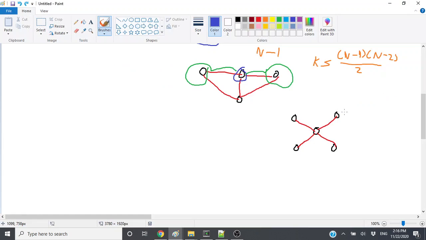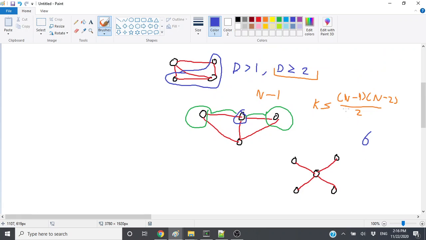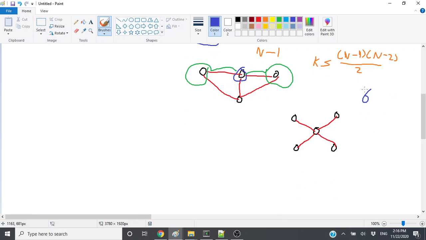Right now we have 6 pairs, 4 times 3 over 2. But what if we wanted 5 pairs, what if we had k equals 5? What we want to do is remove exactly one of these pairs. The way we can do that is by adding an edge from this node to this node, therefore making the length of this path 1.